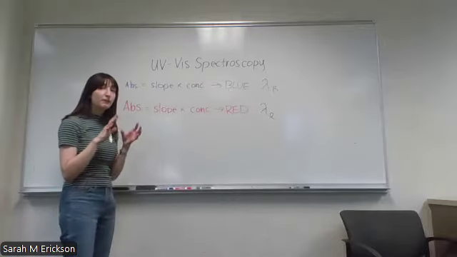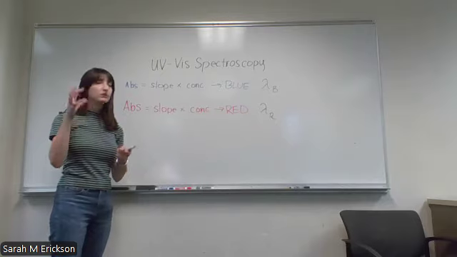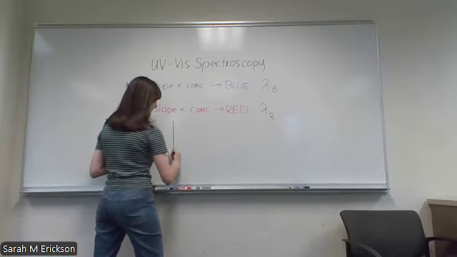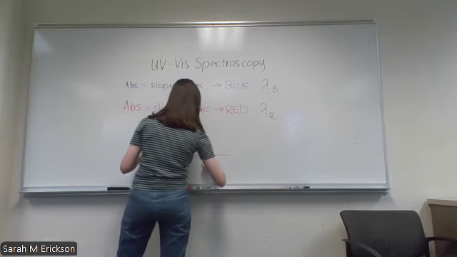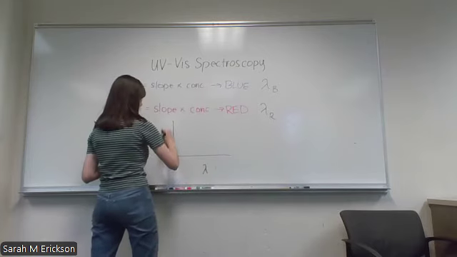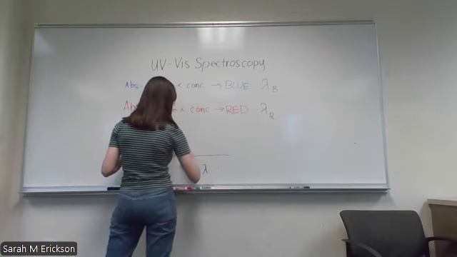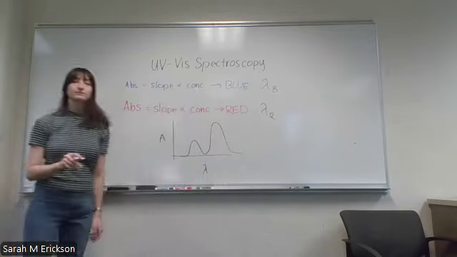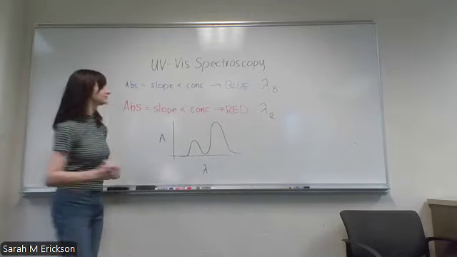When you take a little bit of your beverage and put that into the spectrometer, because your beverage has two colors in it, when you get that spectrum out, you will see two peaks for your beverage spectrum. Don't be scared, that's okay.